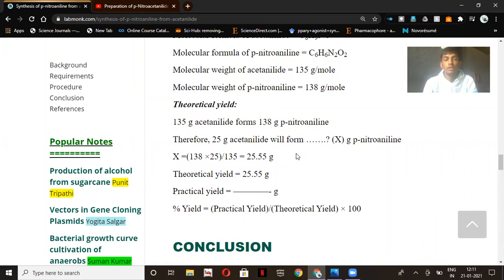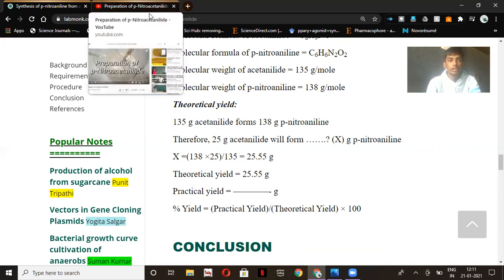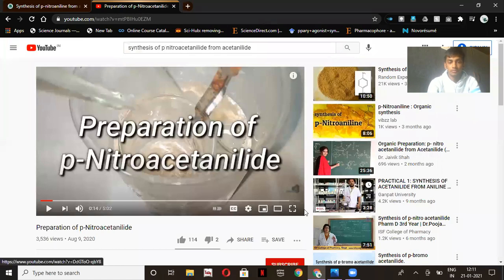Therefore, we have taken 25 gram of acetanilide; how much para-nitroaniline or para-nitroacetanilide will it form? That is our theoretical yield. Practical yield is what we obtain through the practical. And percentage yield is practical yield upon theoretical yield into 100. So let me show you one video of the preparation of para-nitroacetanilide from acetanilide.